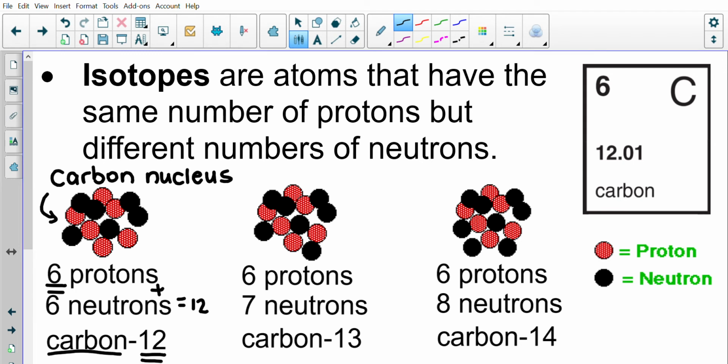Now, if we have a different carbon nucleus, we'll look at this one in the middle, this is still carbon, so it still has 6 protons. But now this nucleus contains 7 neutrons instead of only 6 neutrons. 6 plus 7 is 13, so this is carbon 13. So carbon 12 and carbon 13 are both carbon, they're just different isotopes of carbon. And we could even have carbon 14. Notice 6 plus 8 makes 14, and so that's another isotope of carbon again.